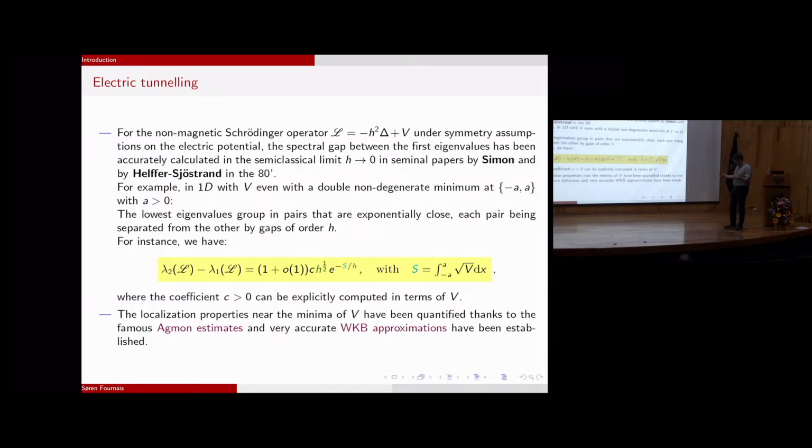Okay, and so what were some of the mathematical techniques that were developed to handle this problem? Well, there were in particular the famous Agmon estimates in order to get exponential control of the decay of eigenfunctions, and then WKB approximations.